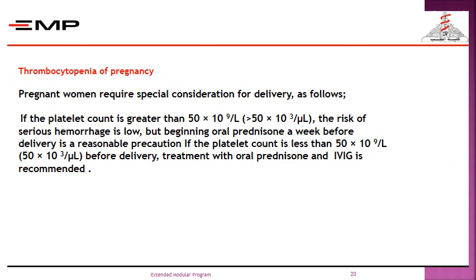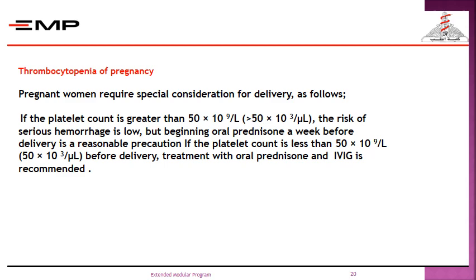Thrombocytopenia of pregnancy. Pregnant women require special consideration for a safe delivery. If the platelet count is greater than 50,000 per microliter, the risk of serious hemorrhage is low, but beginning oral prednisone a week before delivery is a reasonable precaution if the platelet count is less than 50,000 before delivery.